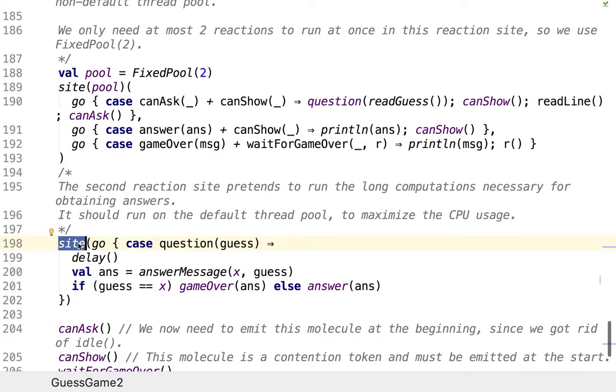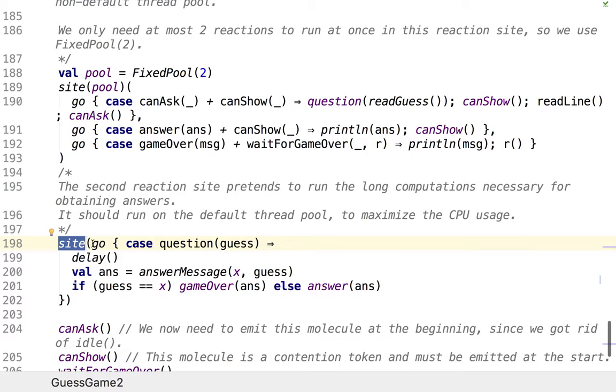This is similar to Scala's default executor, the implicit global executor that we are familiar with when we're using Scala features. That is a very similar thread executor, which is by default used when you just say site. But that is okay for tests, but certainly not for this application where we need different parallelism requirements.